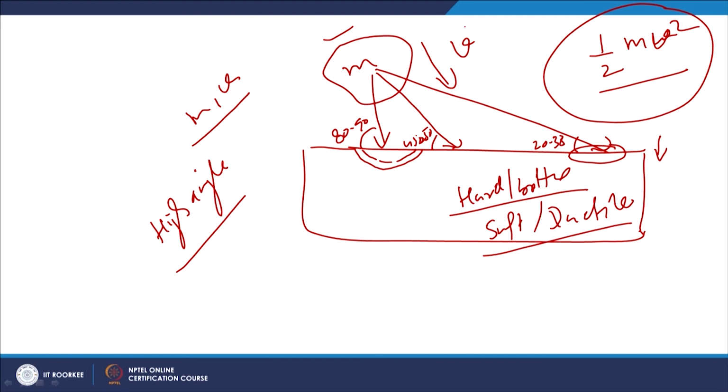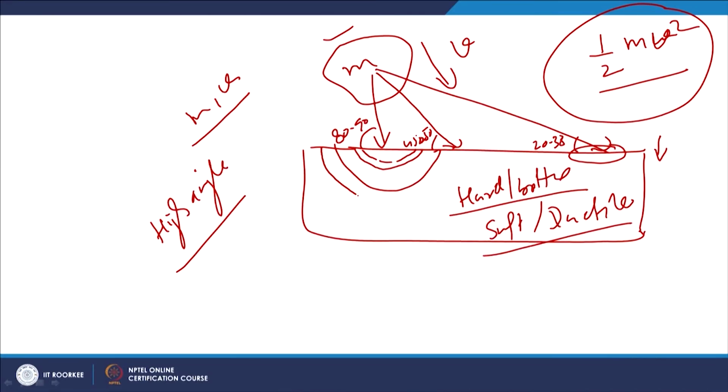So, if the mass is more for a given velocity, then the kinetic energy will be more, and accordingly the effect of impact will be more, and it will have a greater depth and greater size of the pit formed, as compared to the case when the mass is less or the velocity is less, so the kinetic energy associated with the particle is less.